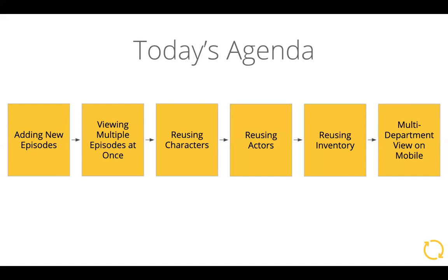We're also going to take a look at what this means to view multiple episodes at one time, as well as being able to reuse characters and actors across the entire season versus having these be built out per episode. As Jen alluded to, no more importing, which we're really excited about. Next, we'll talk about how you can reuse inventory across an entire season, which will be incredibly beneficial at wrap. And then lastly, we'll take a look at what this new display for multiple episodes and multiple departments looks like on mobile as well.